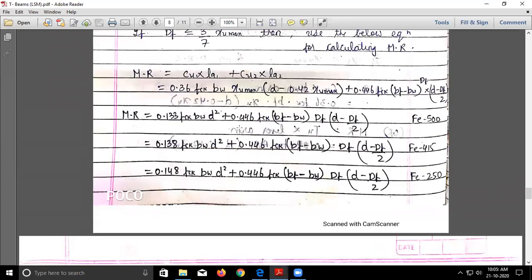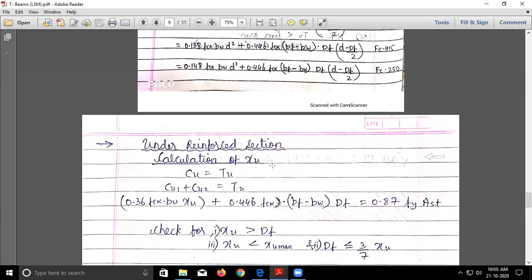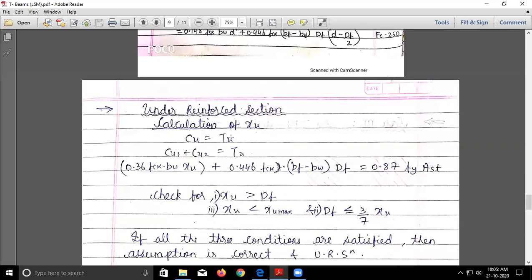Okay, so this we had seen for a balanced section, correct? So now for an under flange section, how will you find out XU? By equating CU equal to TU. So this is nothing but CU1 plus CU2 equal to TU: 0.36 FCK BW into XU, and this is 0.446 FCK (BF minus BW) into DF, and TU is 0.87 FY into AST.